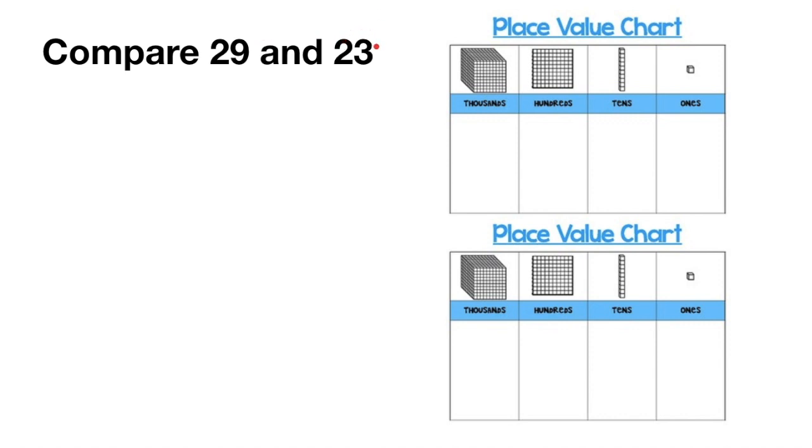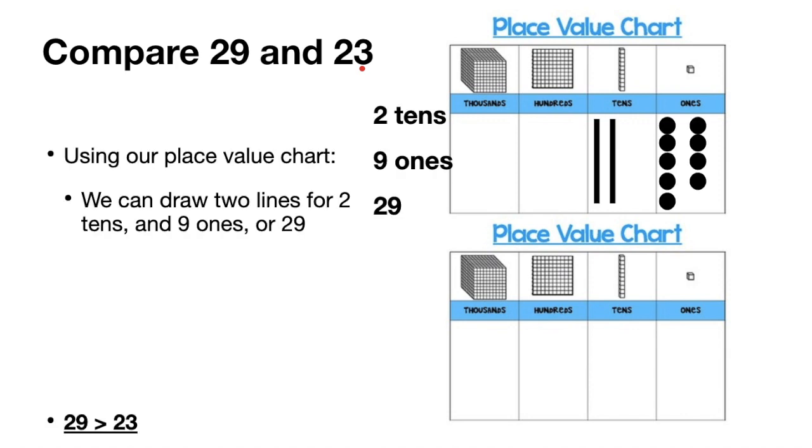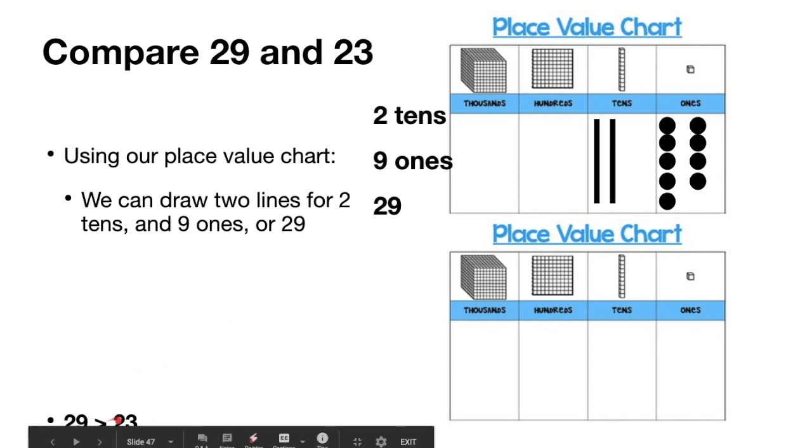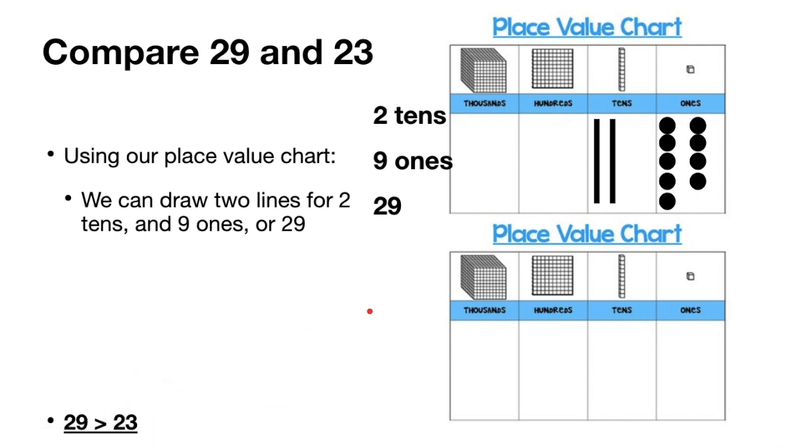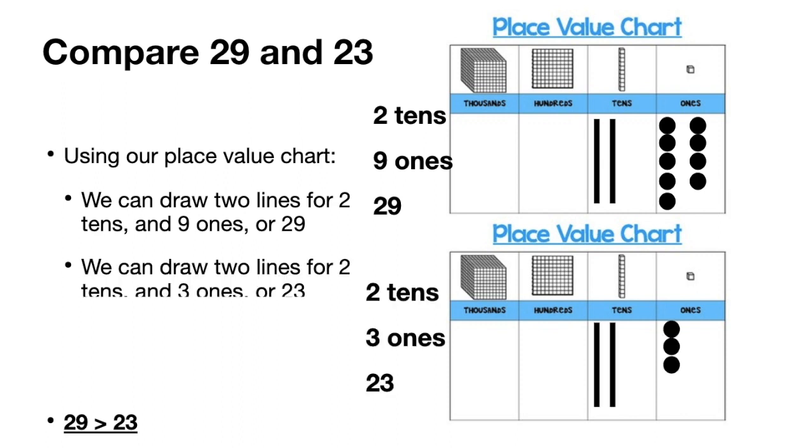When we're doing place value, we can draw 2 lines for tens because we know we have 2 sets of tens, because 2 tens. And then we also have what? We have 9 ones. And I accidentally wrote the answer here, but let's still go ahead and go through this, guys, because it's good practice.